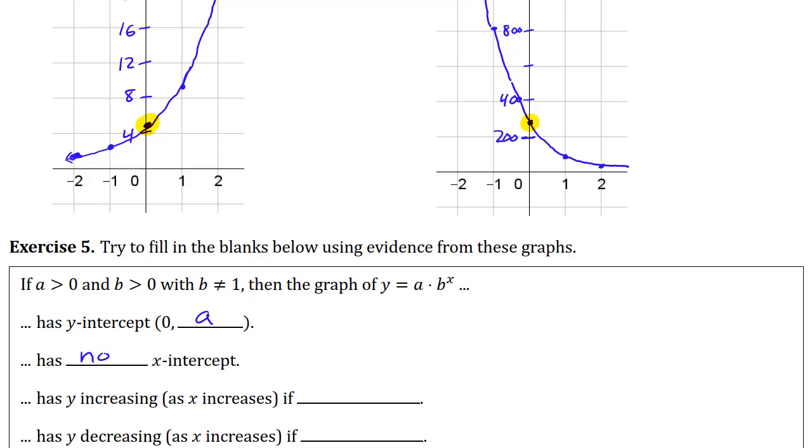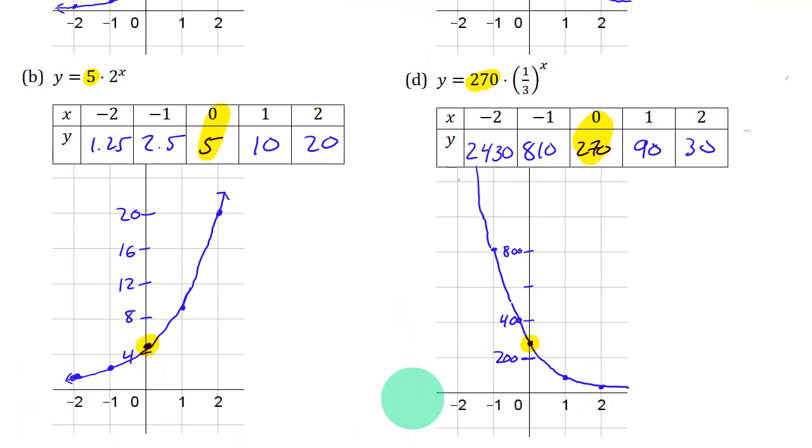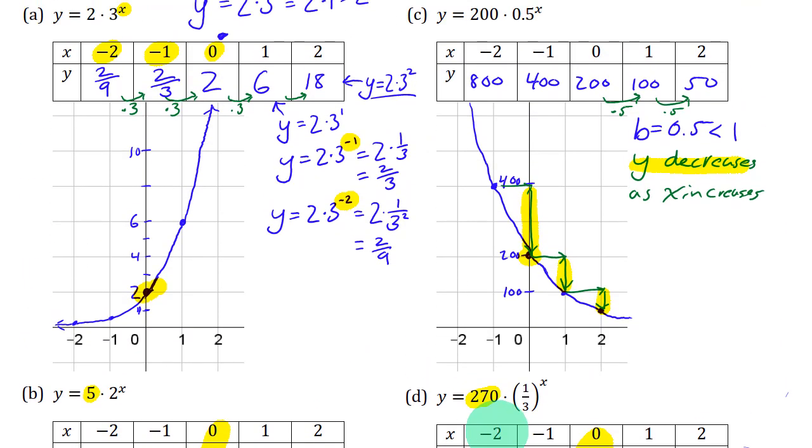So let's see. Which of these have y increasing as x increases? Part B does. And part A does as well. So what do these have in common? And what's the difference between those and the decreasing one?